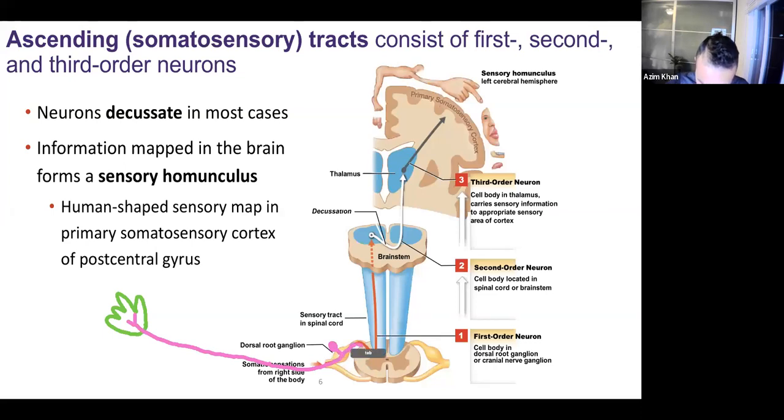Comes in through the dorsal root, and its axon ascends up one of the columns. In this example, it's ascending up the posterior white column. And then it ends here in the brainstem, specifically in the medulla oblongata. That would be a first order neuron.